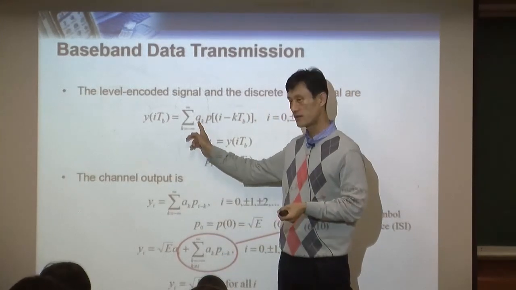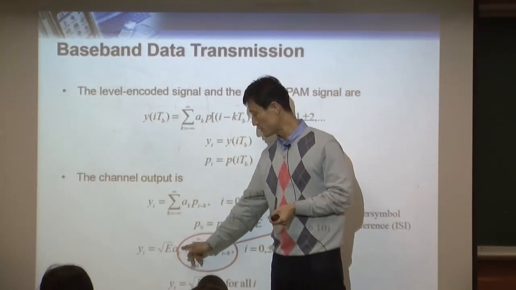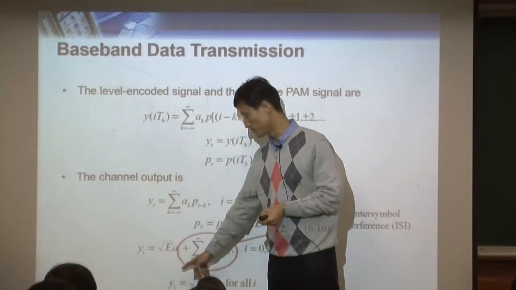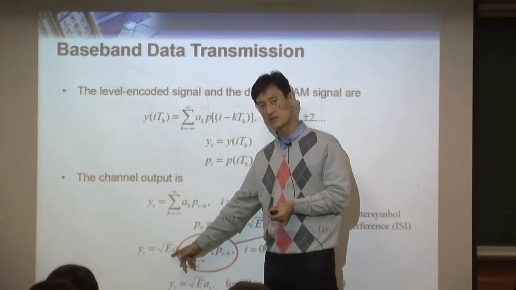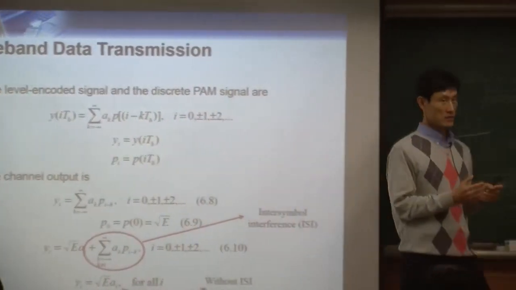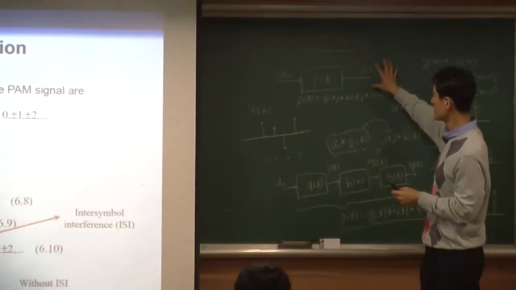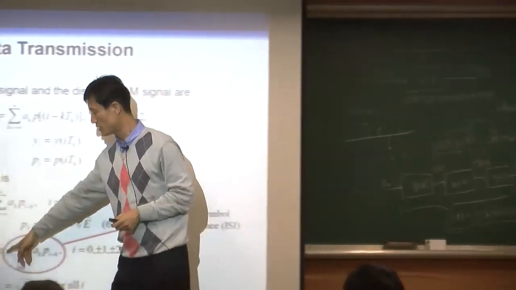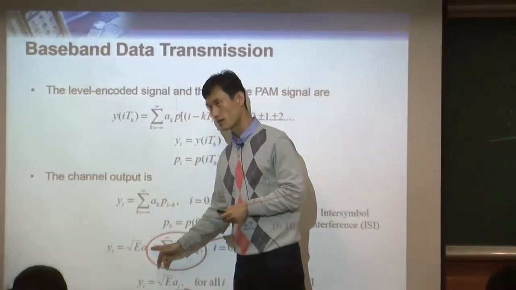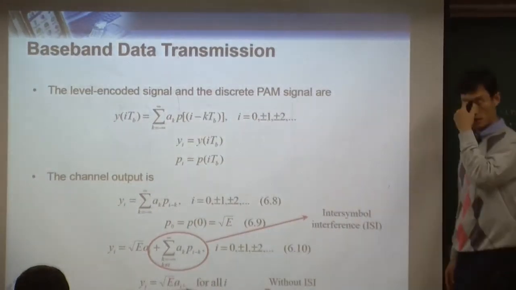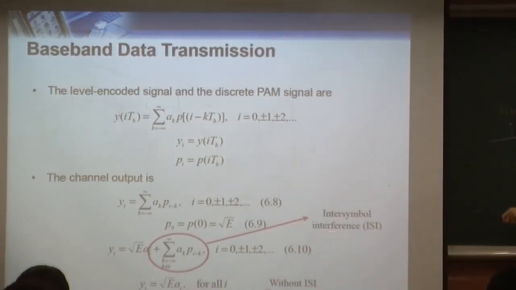Our input is a_k. And your output equals just some constant multiplied by the input. That's what we want, right? As I said earlier, we want the output to be the same as the input. That's the condition we want, but in order to get it, we need to make all the other terms 0. That's the intersymbol interference.